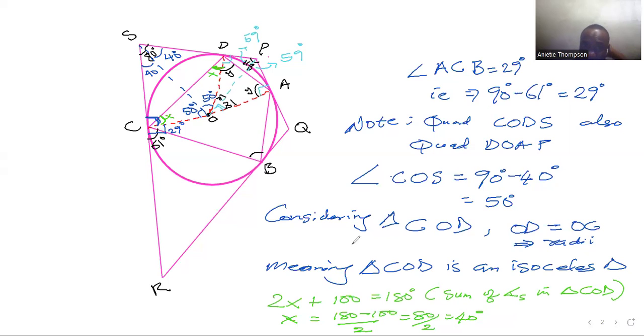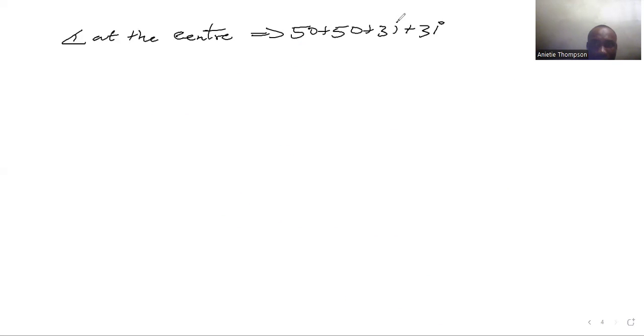You should be familiar with theorem 1 of circle theorem. And the angle at the center there is 162, like 50 plus 50 plus 31 plus 31. So we have the angle at the center equals 50 plus 50 plus 31 plus 31, all in degrees. And that is 162 degrees.